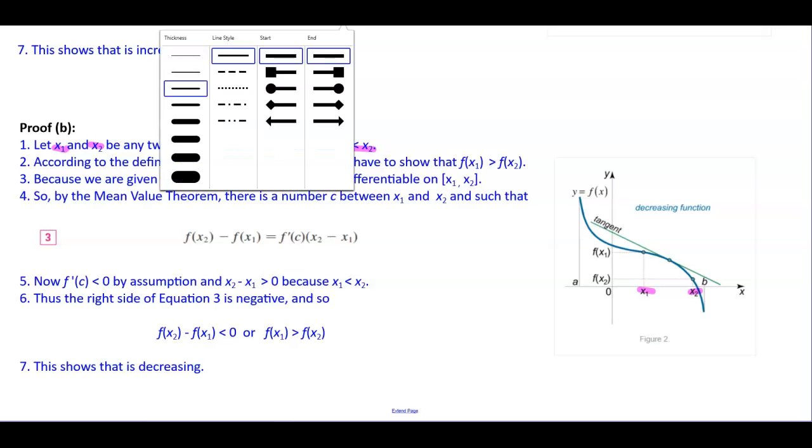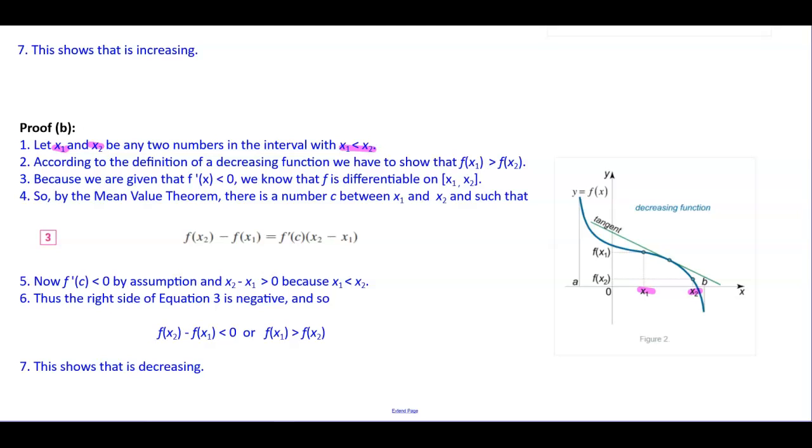According to the definition of a decreasing function, we have to show that f of x1 is greater than f of x2. We can see graphically that f of x1 is greater than f of x2.